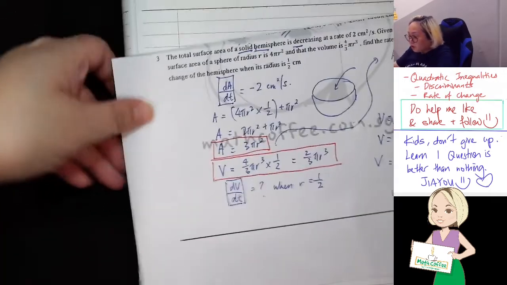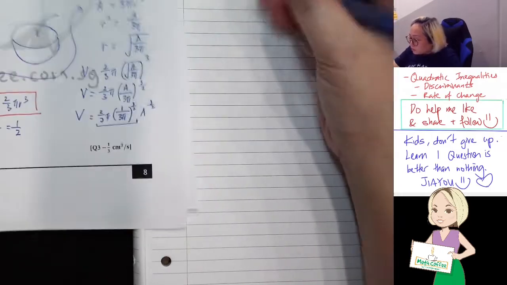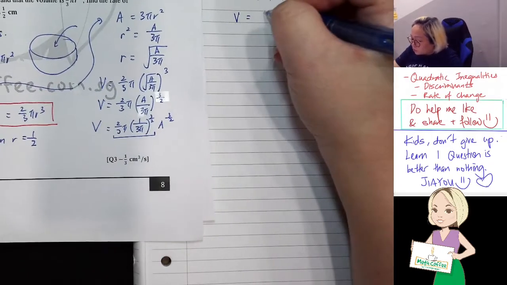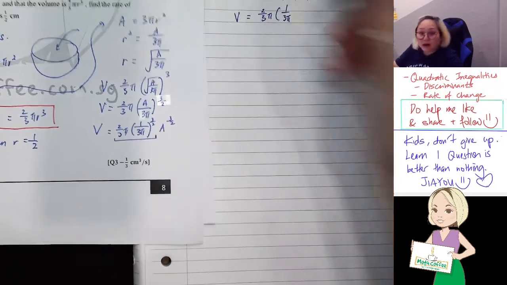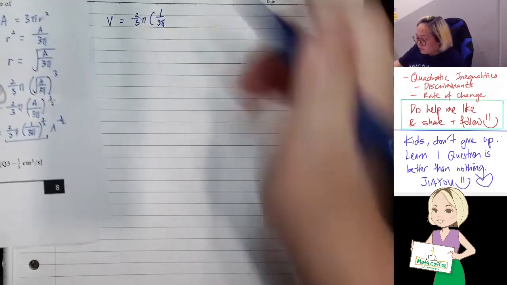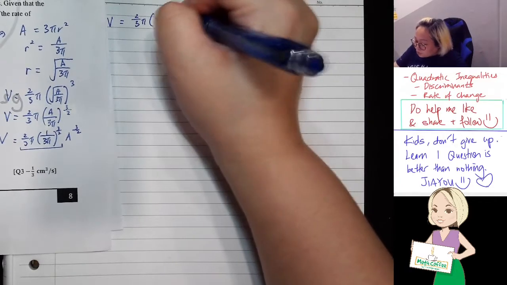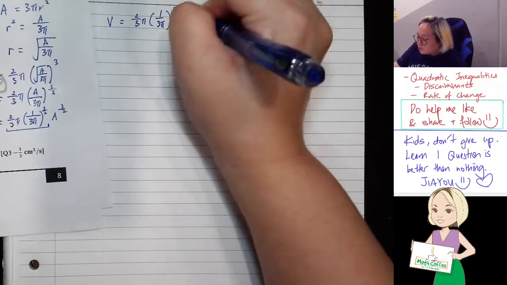Okay, let's move on. So now my V equals 2/3 pi, 1 over 3 pi, A to the power of 3 over 2.